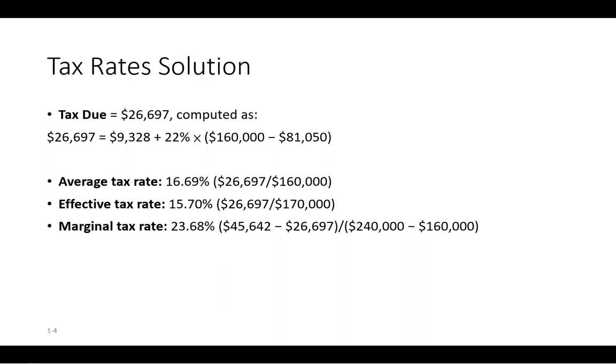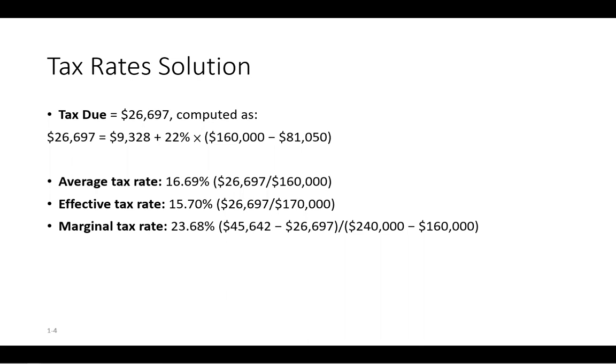So what we'll do is we'll take the $240,000 of their new taxable income and subtract the lower end of that bracket, $172,750, from it. That just identifies the income in this new bracket.